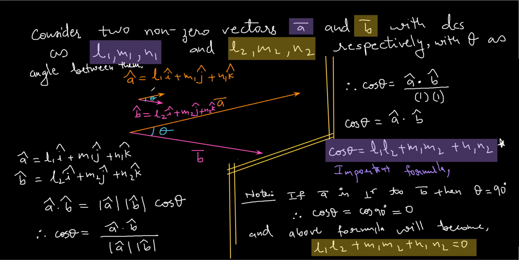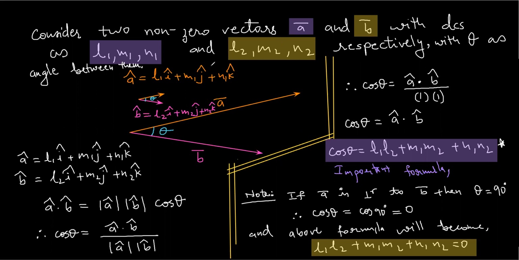Here you have the vector A cap. If I ask you, get me A bar from A cap, what would your answer be?